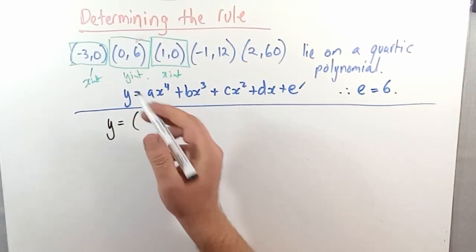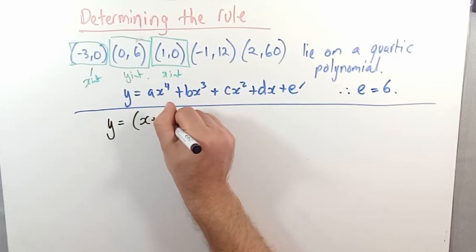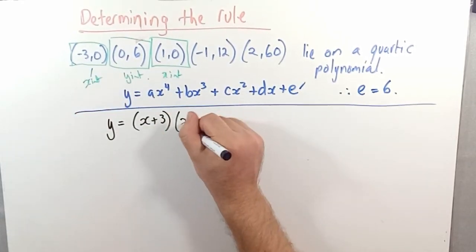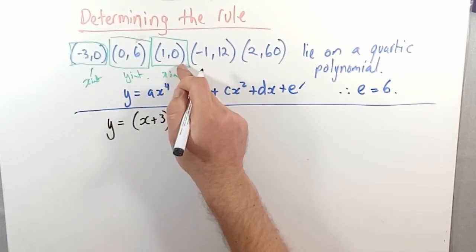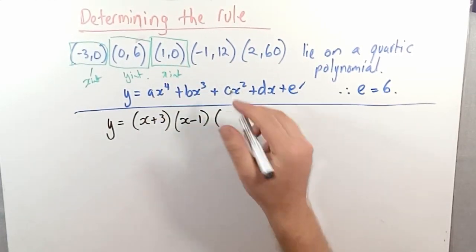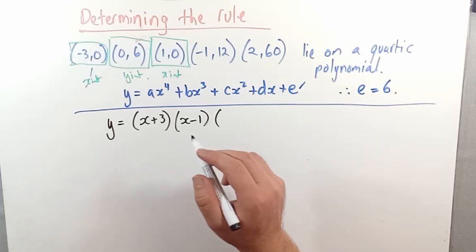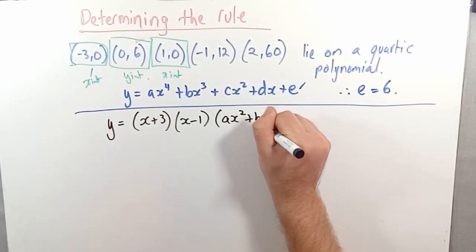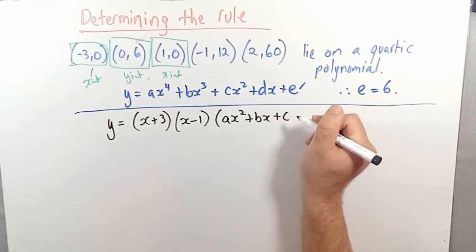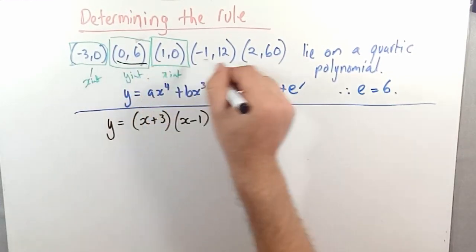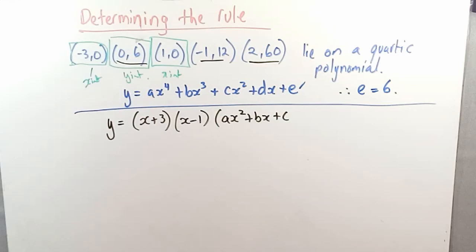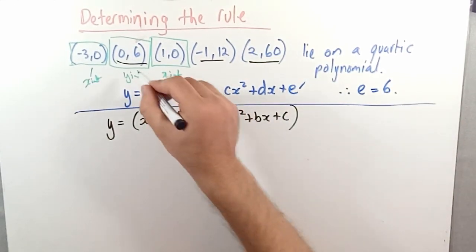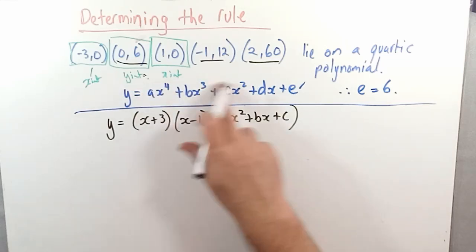So I know, what do I know? I know x plus 3 is a factor. Cool. I know x minus 1 is a factor from here. And I know, what am I left with? I'm left with ax squared plus bx plus c. Okay. And then I've got this point, and this point to deal with. Now, the good thing about this is I can work out what c is by doing the same thing I did up here.